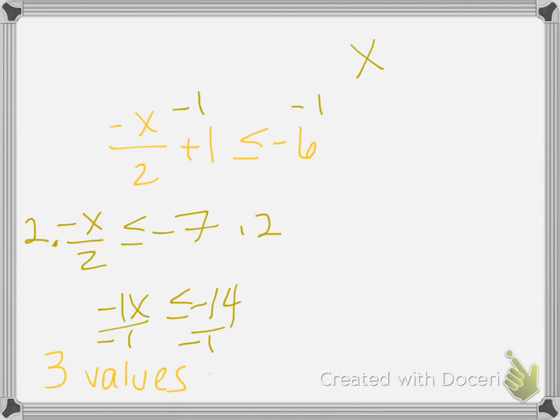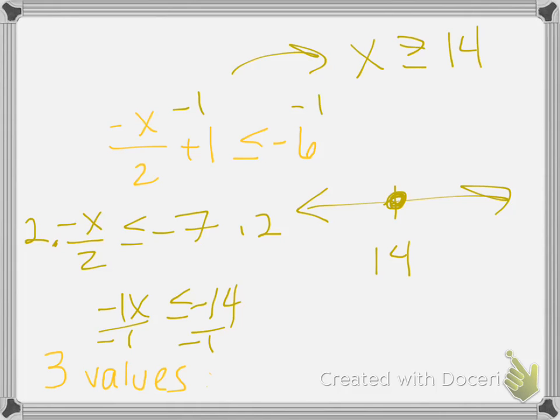When I divide by negative, I flip my sign, so now x is greater than or equal to a positive 14, because two negatives make a positive. Okay, so now my value is sitting at 14, and it is a closed dot. Okay, my variable is sitting on my left side, so I can do my cheat arrow, which is to the right. So more values are 15, 16, 100, 1,000, a billion, it doesn't matter as long as it sits to the right of 14.